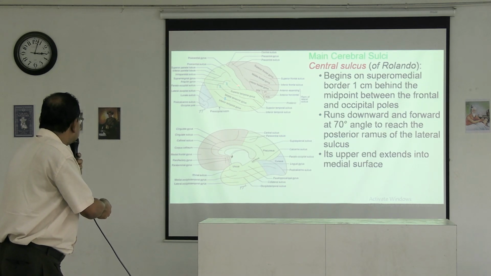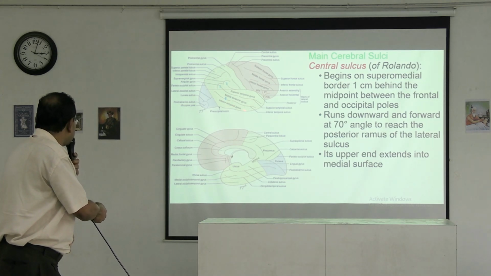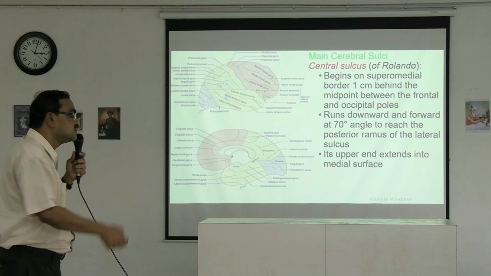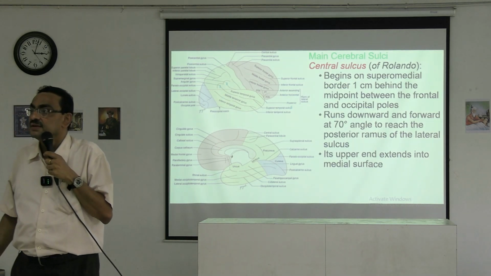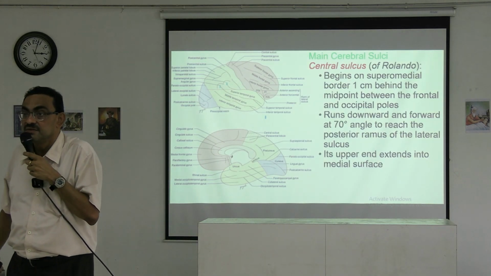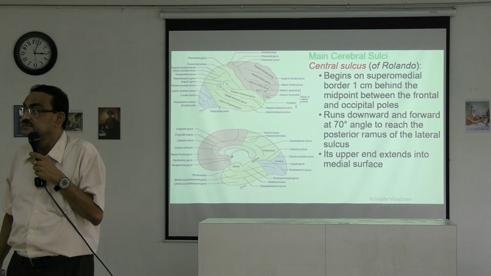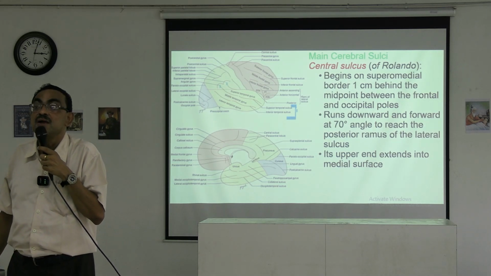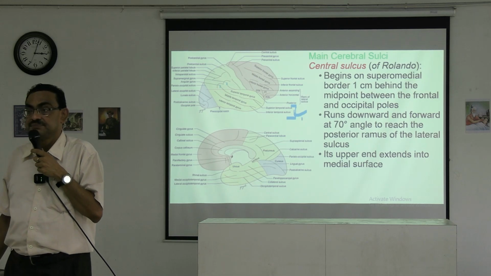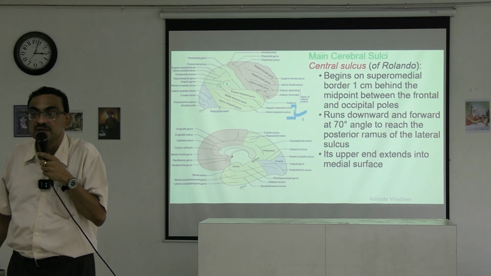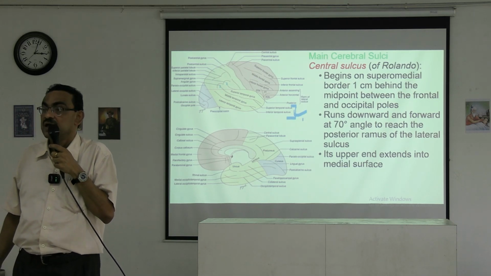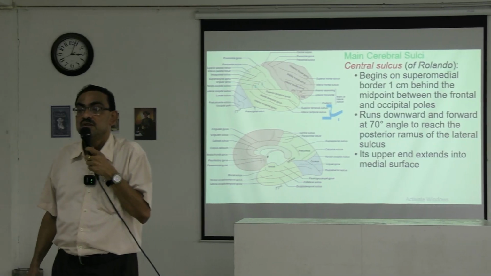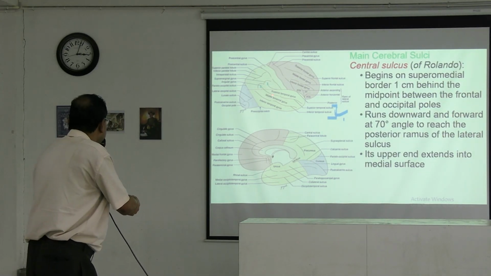Similarly, we can get the superior temporal and middle temporal gyrus. Here we can get the primary auditory area, areas 41, 42 and 22.